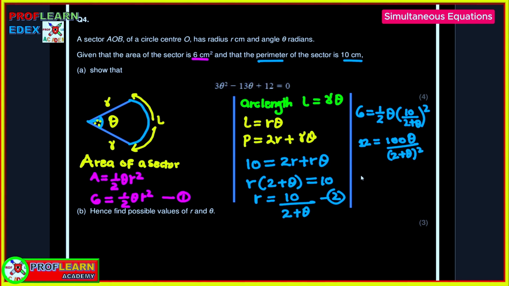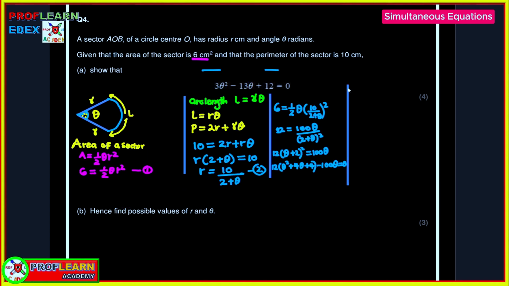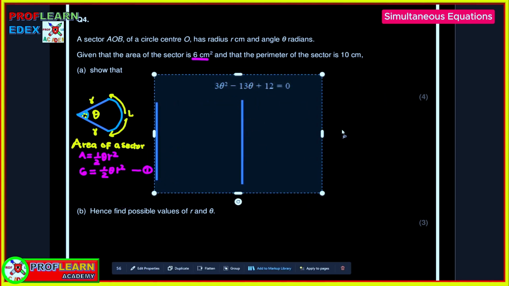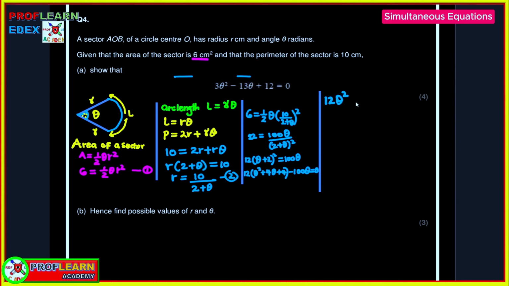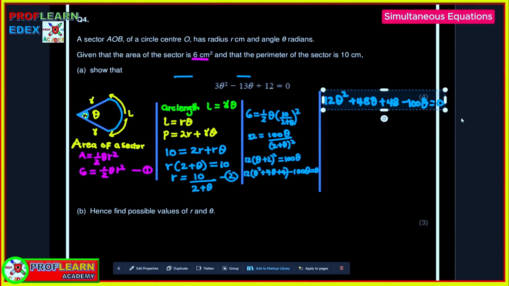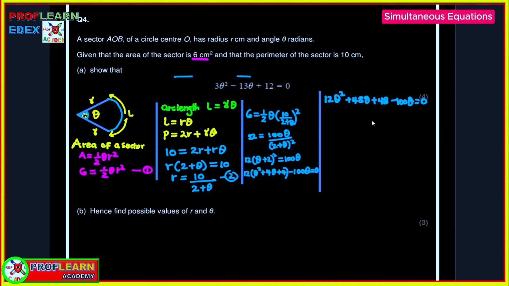So we can multiply both sides by 2 plus theta squared, so that we can form a quadratic equation. Expanding this, we are going to get 12 into. If we open the brackets and simplify what we have, finally we are going to land at 3 theta squared minus 13 theta plus 12 is equal to 0.